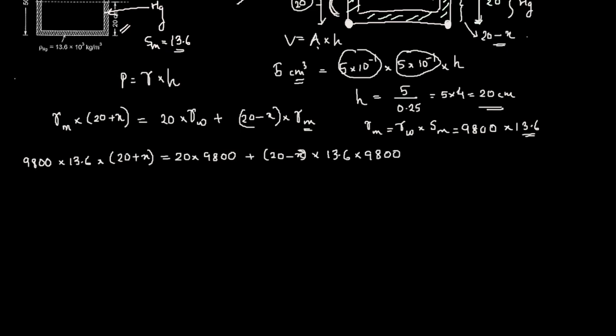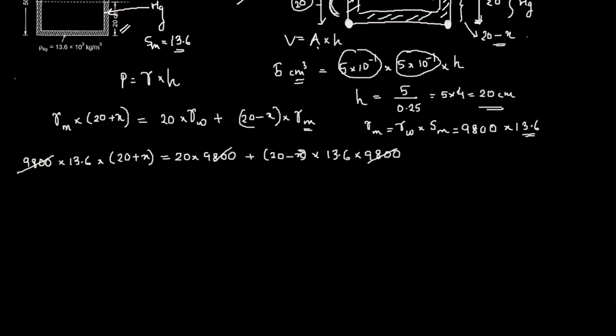You can see that 9800 is common in all of these terms, so just cut it out. After that, we need to solve for x, so we bring all the unknown variables to one side and calculate.